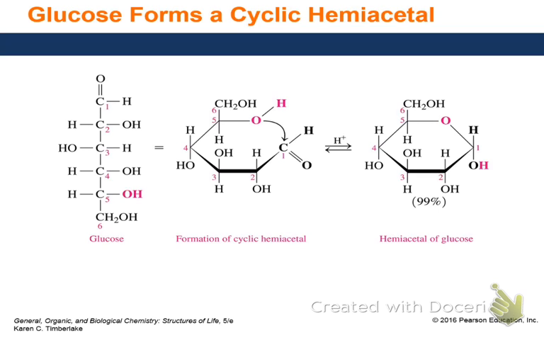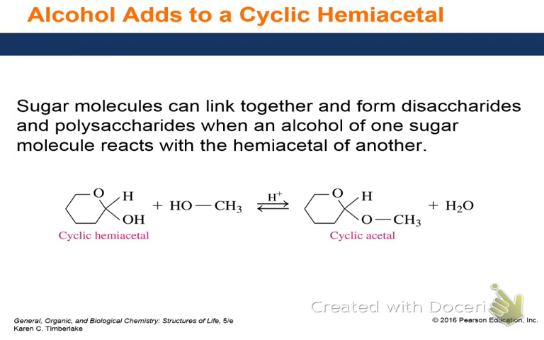Oh, it's 5, sorry. 5 OH groups. Any one of those can actually form the acetal bond. So it's very easy to recognize, I think, that once you have this, and it's in the presence of a sugar that has a lot of OHs on it, that it can do this. Okay?